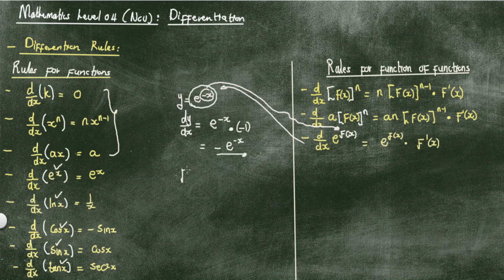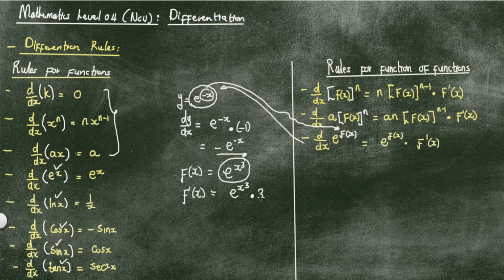Maybe we can have another function, f of x equal to, say, e raised to exponent x cubed. Then f prime of x, the derivative for this whole function, is just e raised to exponent x to exponent 3 multiplied by the derivative of f of x.